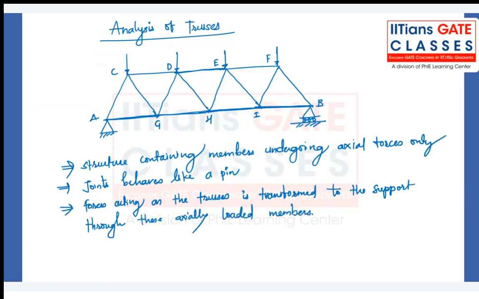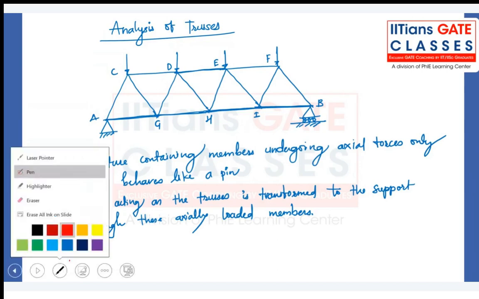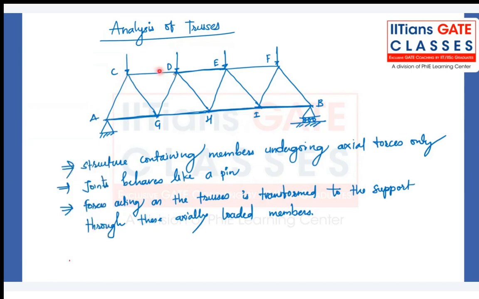So basically, what we understand from these sentences is that a truss is a structure containing members which are undergoing axial forces only, so axial compression or axial tension. For example, here all the members such as AC, CD, DE, EF, or AG, GH, HI, IB, or CG, GD, DH, HE, EI, IF, and FB.